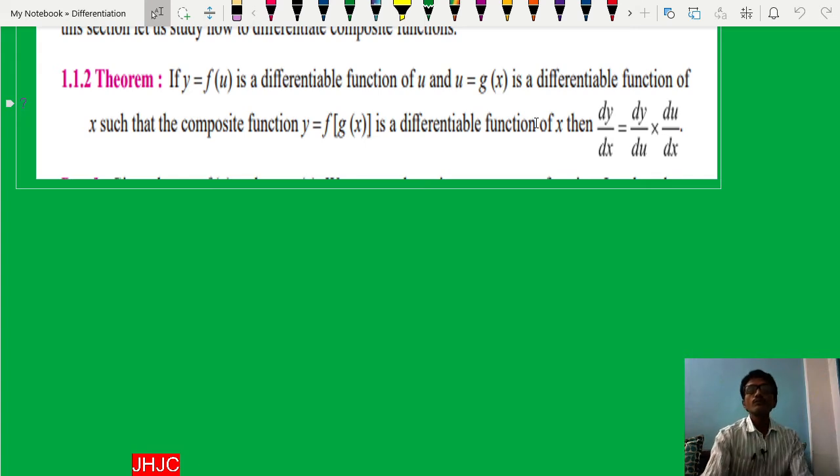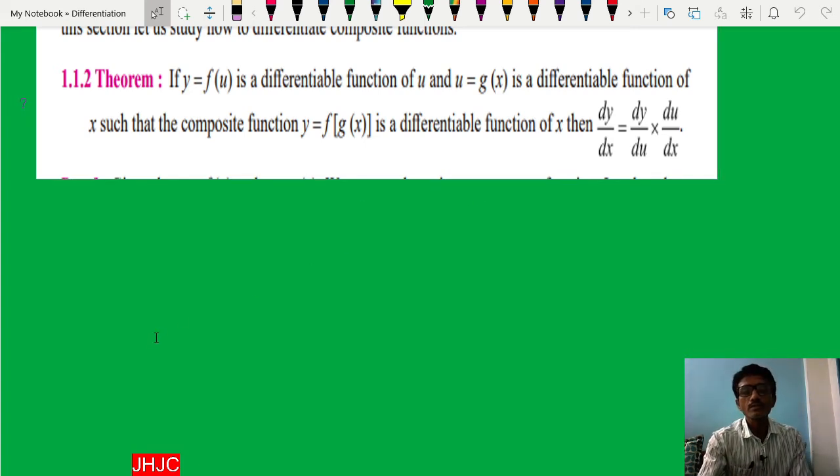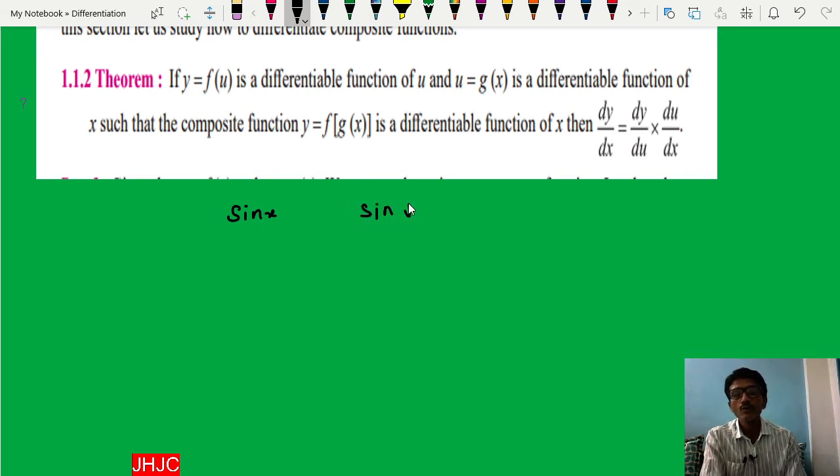So what are these composite functions? See here, sin x is a simple standard function. But sine of root x is a composite function.